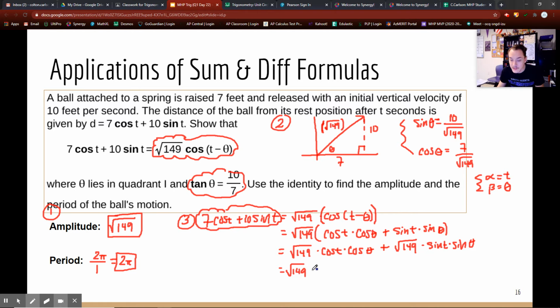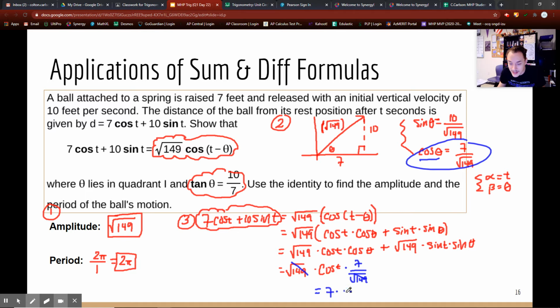What is cosine of theta? We already know what that is. It's right here. So now I'm going to plug that in: 7 all over radical 149. Now what happens? Obviously the radical 149s go poof, and I'm left with 7 times cosine t.